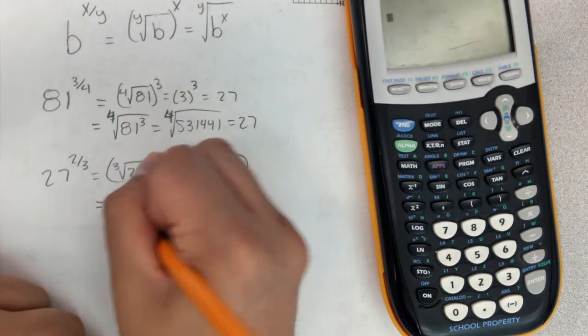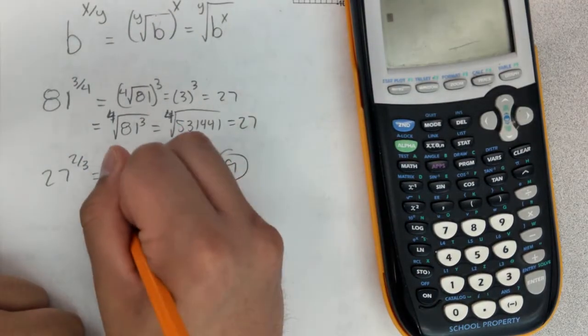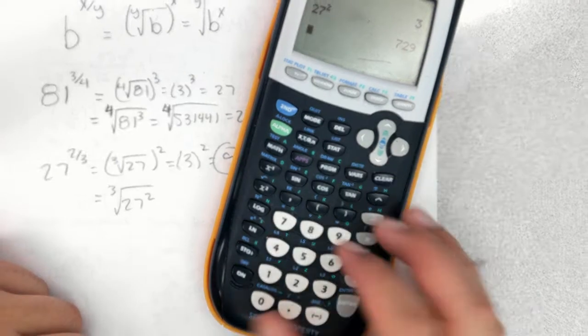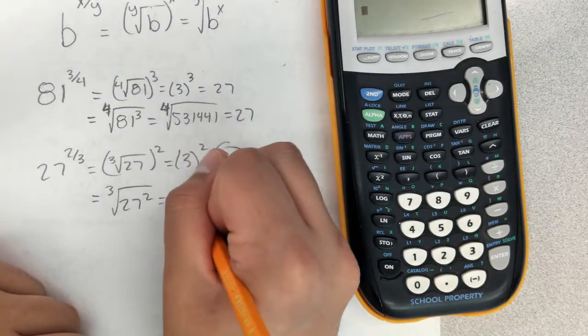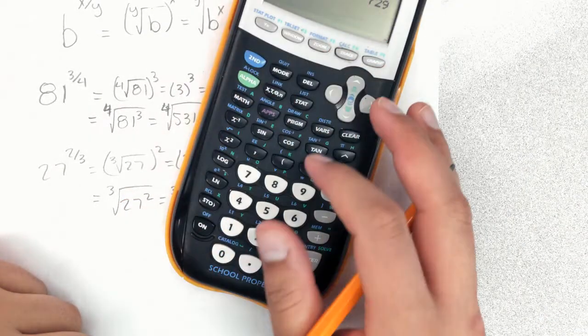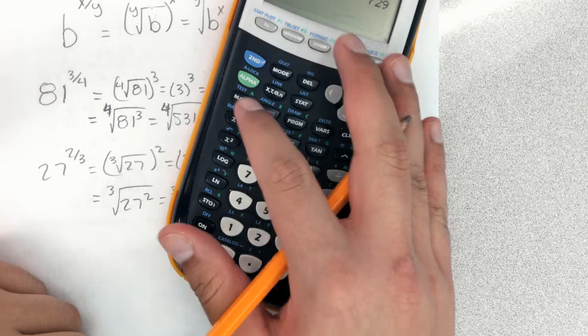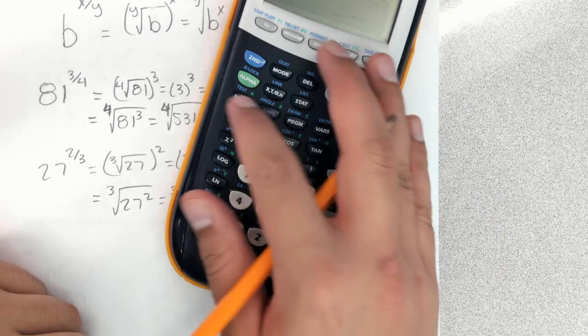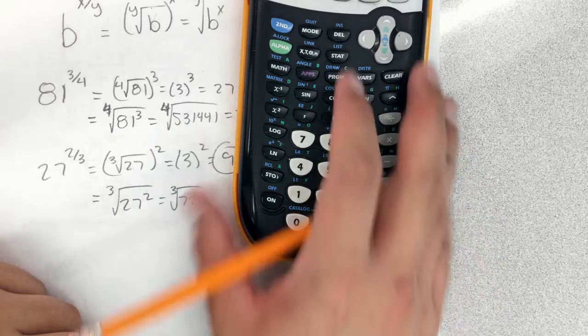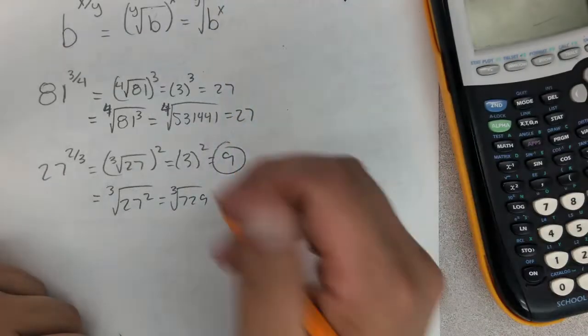Option 2, you could do 27 squared first and then do the root, you still get the same answer. 27 squared is 729. If I cube root this, we get 9.